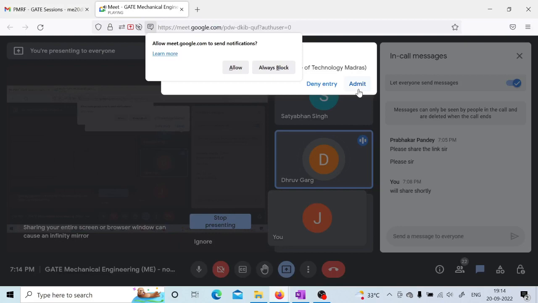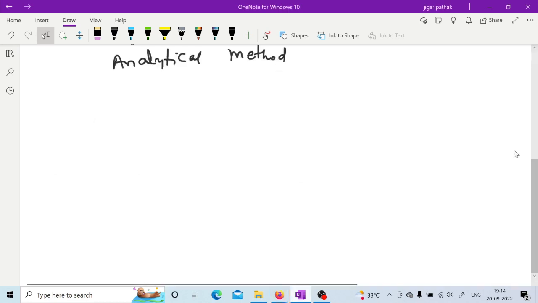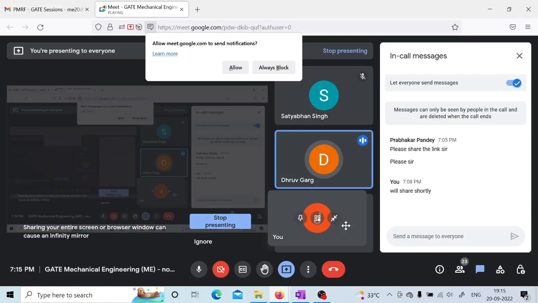So once you are done with this graphical method, kindly mute yourself. Kindly mute yourself. Hello, someone is there with through. Through, kindly mute yourself.